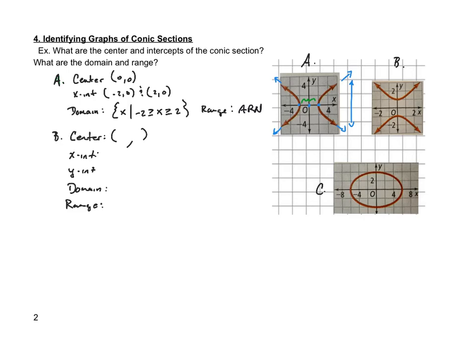Skipping over to B, take a moment, look at that, and tell me what my center, x-intercept, y-intercept, domain and range are. Looking at that, my center on example B is 0, 0. I have no x-intercepts, but I do have two y-intercepts, at 0, 1 and 0, -1. My domain: this function goes on forever left and right, so the domain is all real numbers.